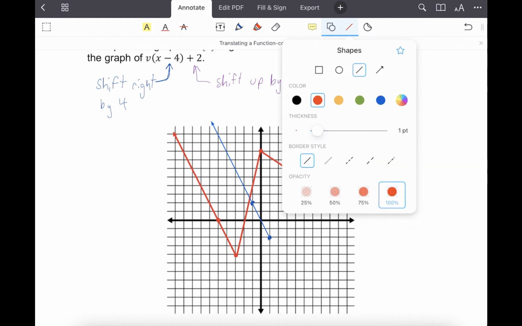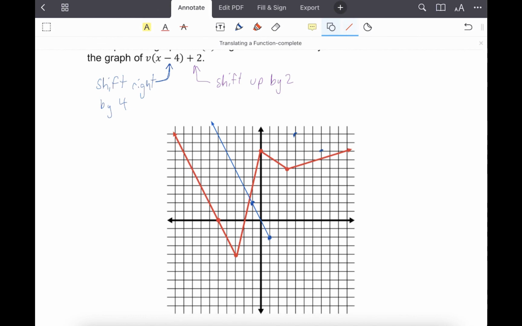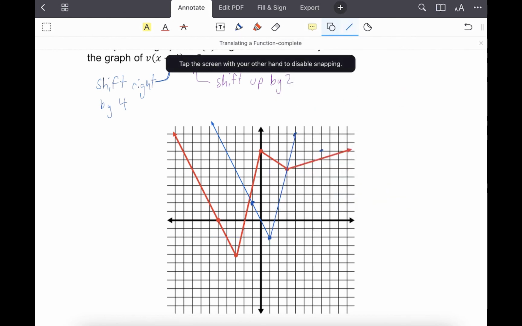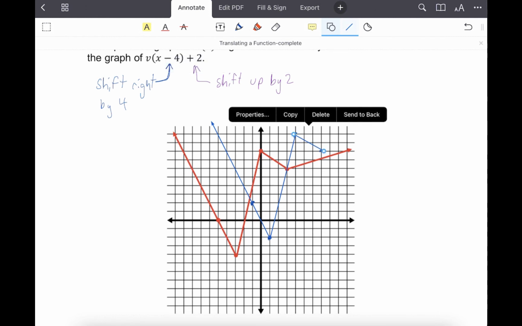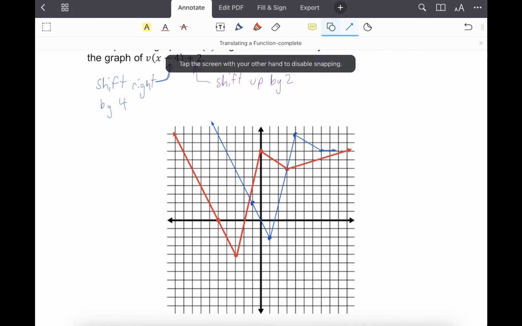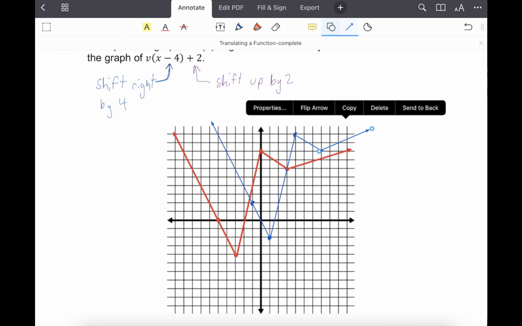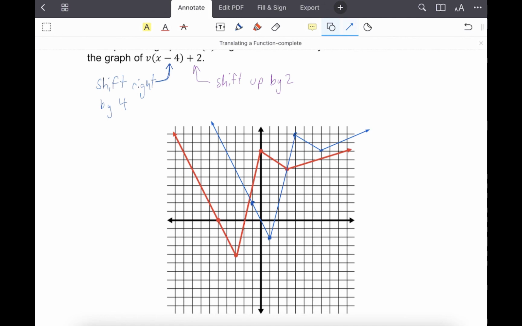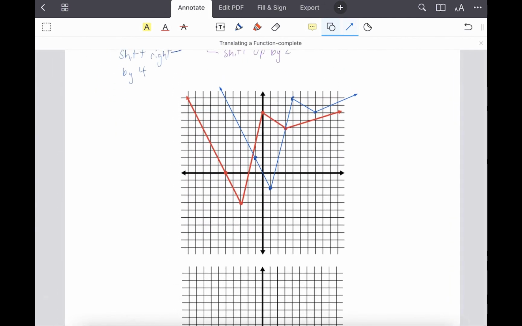And we then have a line segment between these two, another line segment between these two, and then an arrow up to the right here. Okay, so that's the translation of it.